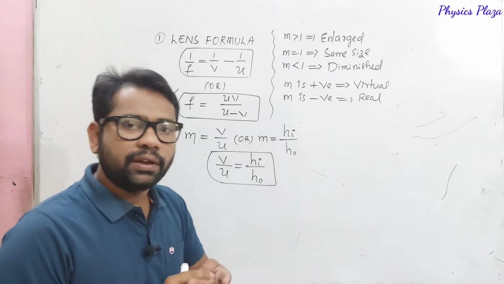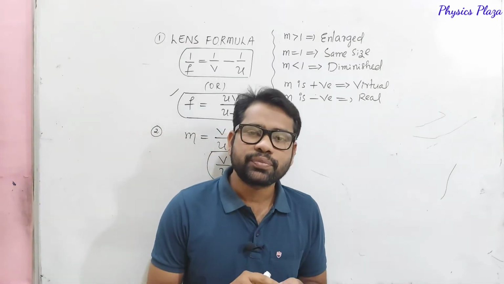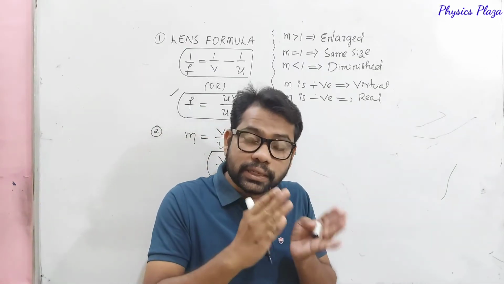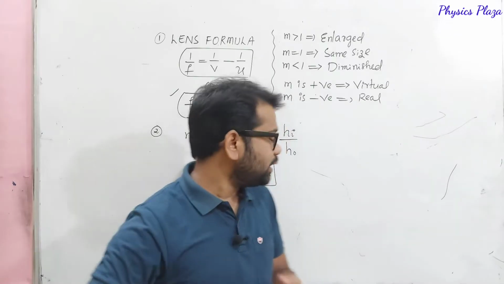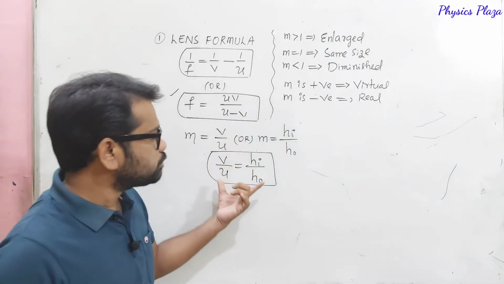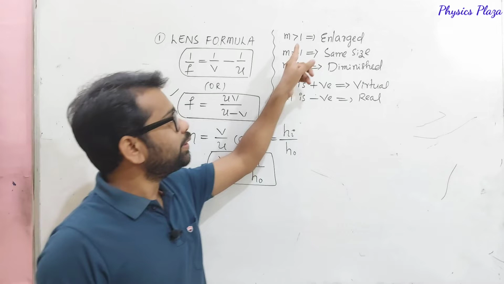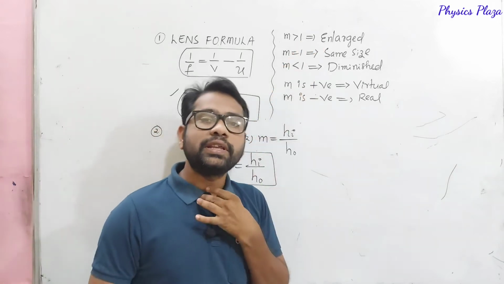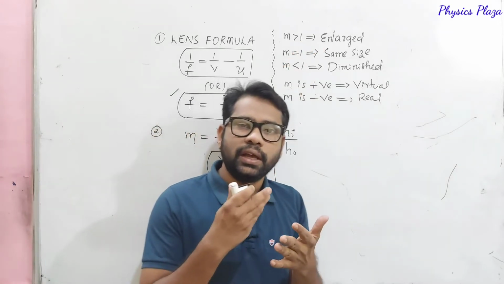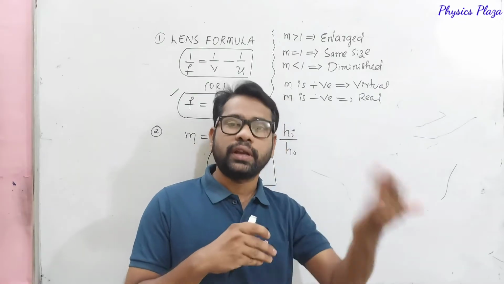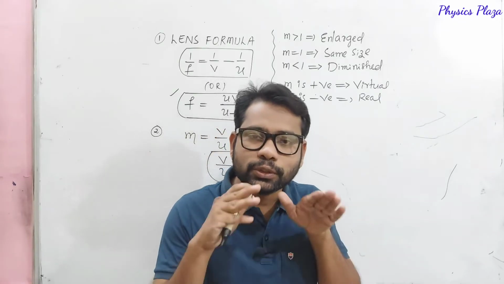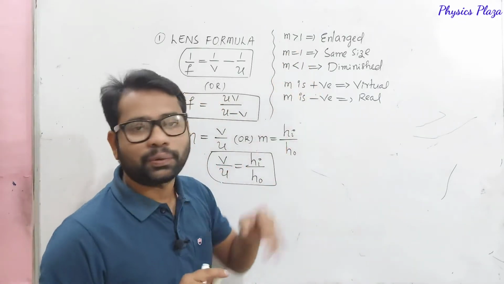Whenever a numerical asks us to write the characteristics of the image, we use this formula, and based on the value and the sign we decide whether it is real, inverted, diminished or enlarged.